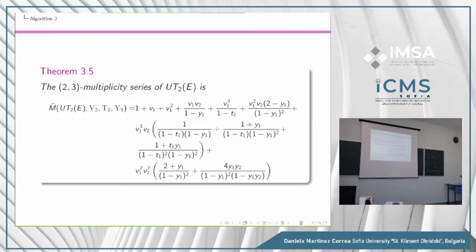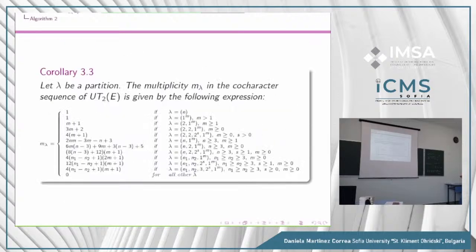This expression has all the information about the multiplicities n lambda for this algebra. After that, we have to write this multiplicity series as a power series in these variables, and we obtain the explicit form of these multiplicities. And we recover the result of Centrone.